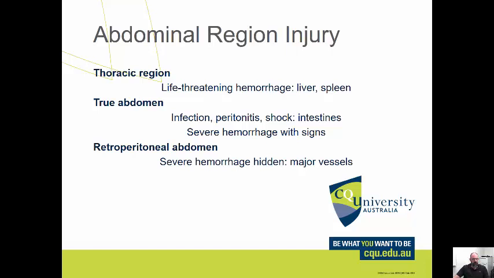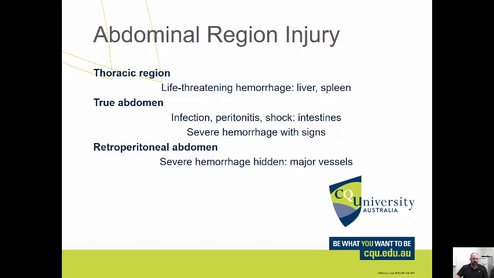We have the true abdomen. So the true abdomen, this is where we spoke about all those hollow organs. Okay, so we have a definite risk of infection, right, because of the infiltration of the contents of those hollow organs into the peritoneum. Okay, so you'll get peritonitis as a result of that. Shock, so the intestines can bleed quite a lot. Okay, so you need to be aware of signs of shock with these patients.